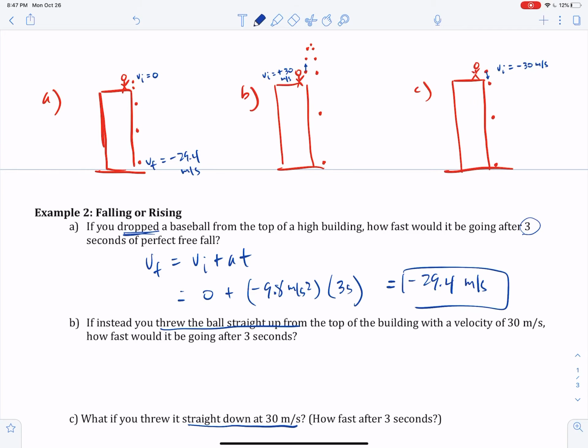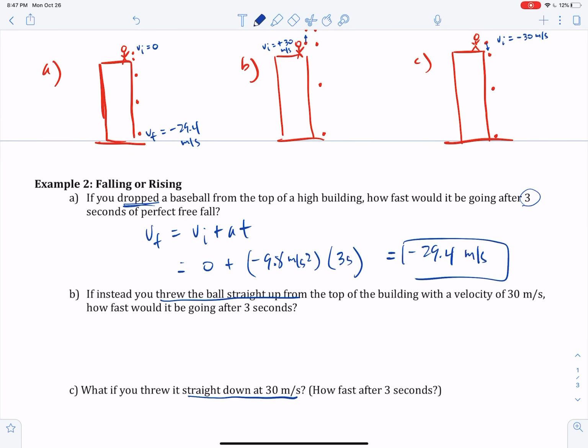All right, question B, if instead you threw the ball straight up, then how fast would it be going after 3 seconds? Okay, same process, but now we have an initial velocity. Now the initial velocity is 30 meters per second. And then against that initial velocity, gravity is going to be acting for 3 seconds.